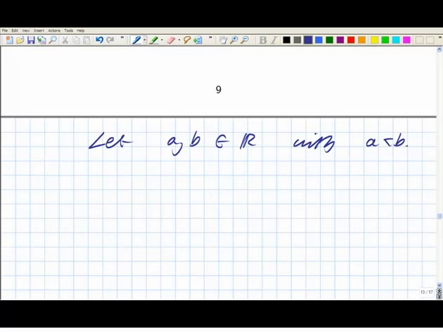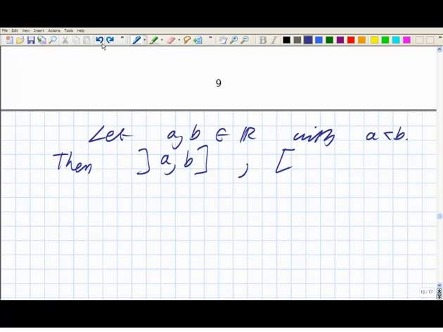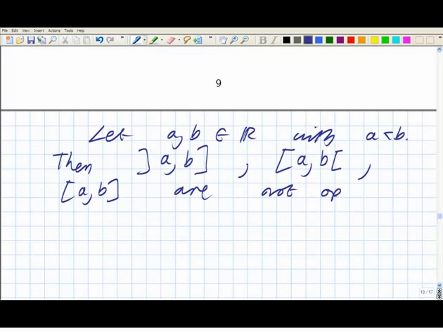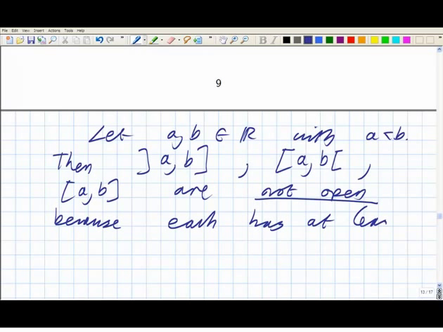So let A and B be in R with A smaller than B. Then the two half-open intervals, see, we haven't completely resolved the technical issues, the two half-open intervals and the closed interval are not open, because none of them are equal to their interior. Each of them has at least one non-interior point.